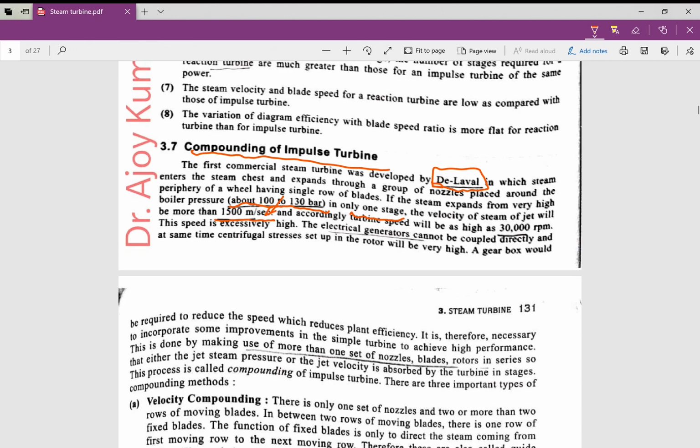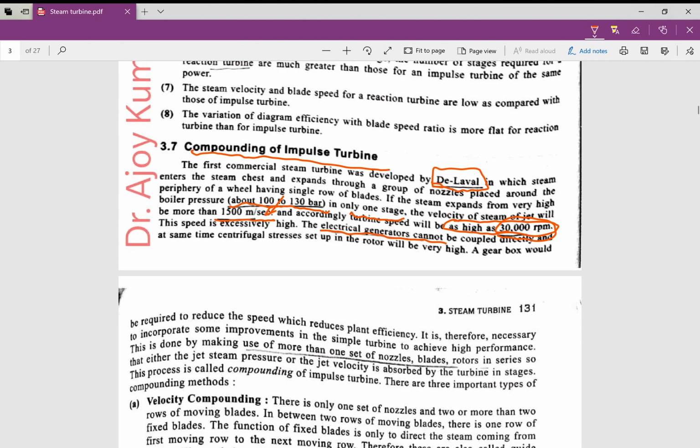And at the same time, turbine speed will be as high as 30,000 rpm, which is really not suitable for any electrical generator. And henceforth, you should arrange a device in such a way that turbine speed should not exceed this 30,000 rpm.